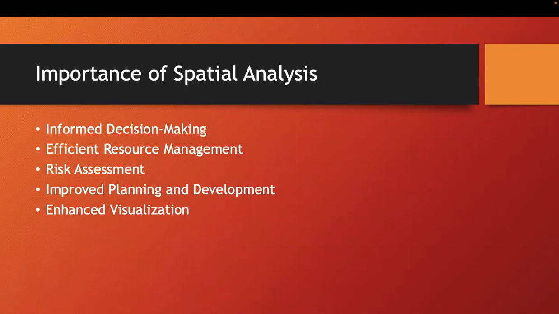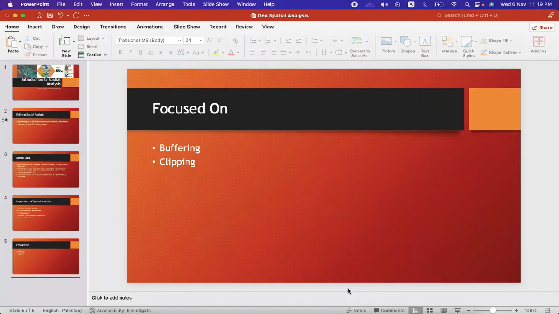So today we will be focusing on buffering, creating zones around a feature, and clipping, extracting specific areas from larger datasets. Both are essential tools in creating focused, precise maps for analysis. So we start with buffering.